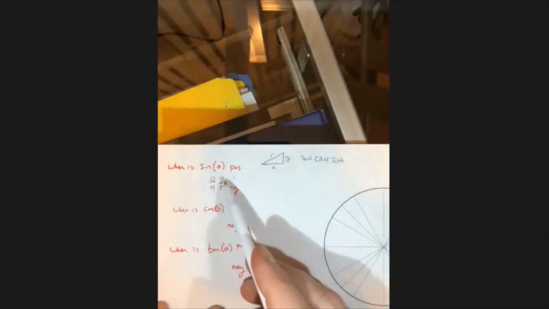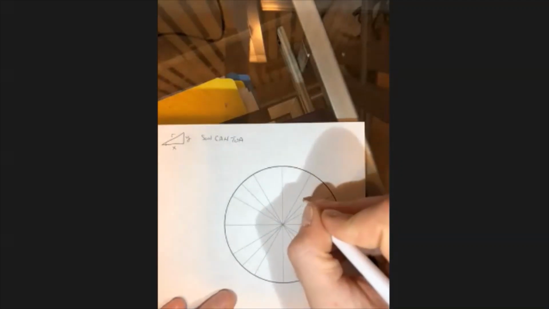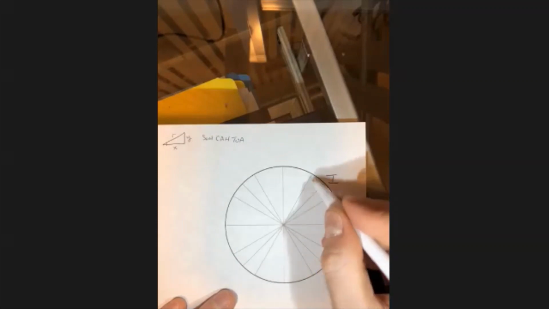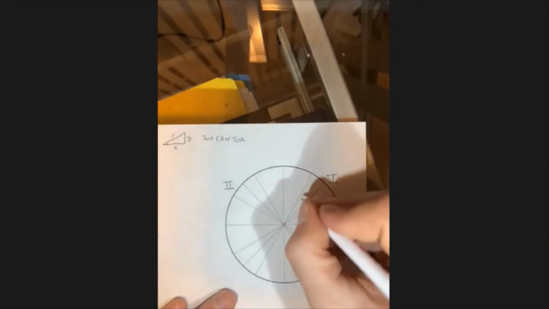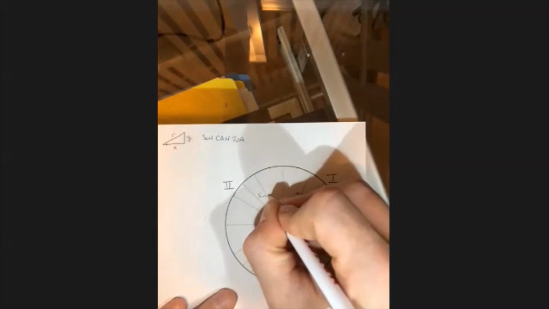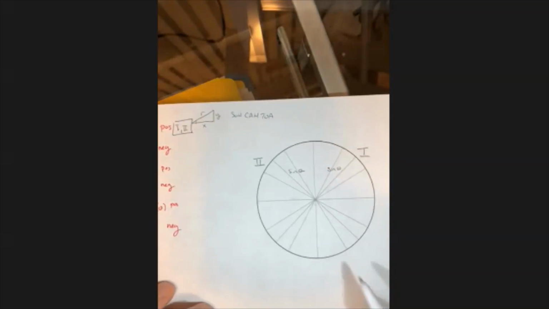When is the y positive? Well, in quadrant 1, my y is positive, and in quadrant 2, my y is positive. So quadrant 1 and 2. When's it negative? Well, 3 and 4.